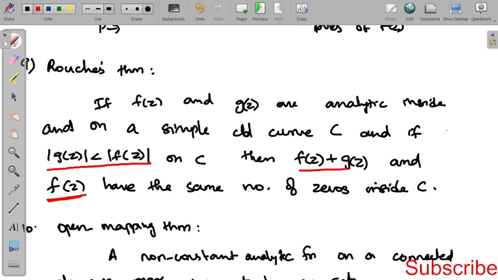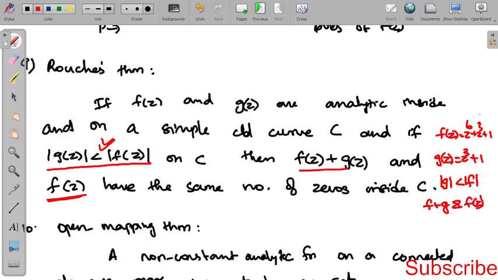For example, if in the question f(z) is z^6 plus z^3 plus 1, you can choose g(z) equal to z^3 plus 1 and check whether mod g is less than mod f. Then f plus g and f have the same number of zeros. Here it has 6 zeros, so f plus g also has 6 zeros.